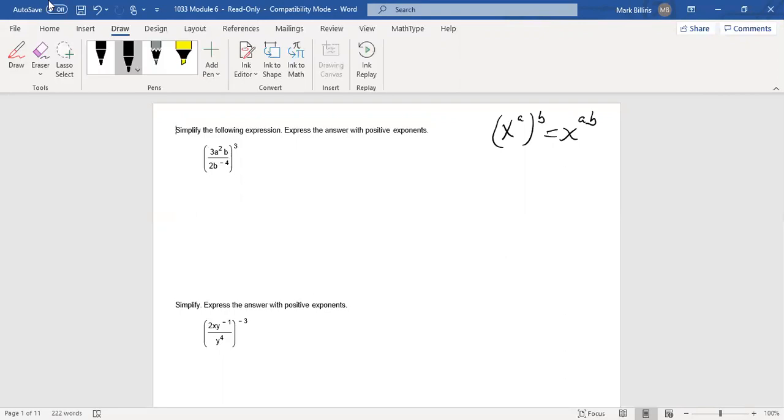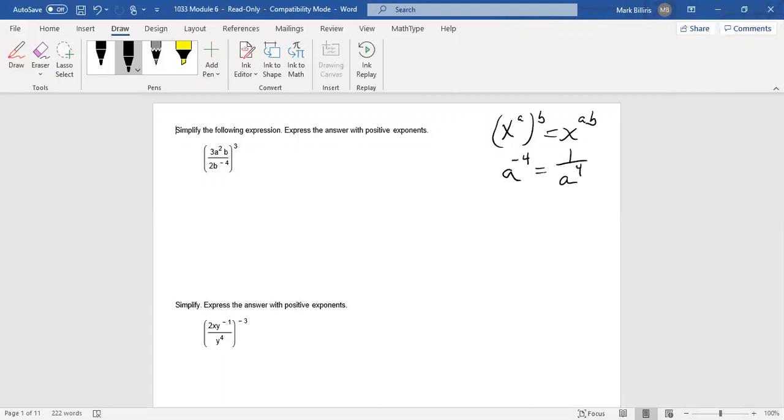The other rule that we may incorporate would be the negative exponent rule. The negative exponent rule states that whenever we raise a base to a negative power, we take the reciprocal of the base. So we'll take this a to the negative fourth and take the reciprocal of our base a, which becomes 1 over a to the positive fourth.